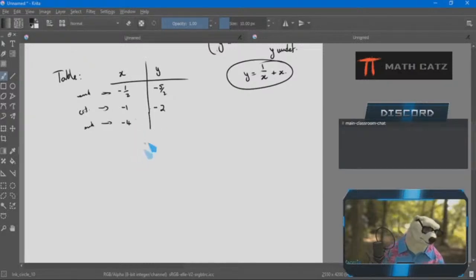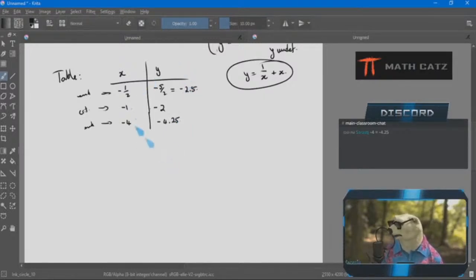I did 2 of them. You should do 1. Plug it into your calculator or leave it as a fraction. Doesn't really matter to me. You can go decimal here. You could say negative 2.5. Doesn't matter to me. Negative 4.25.